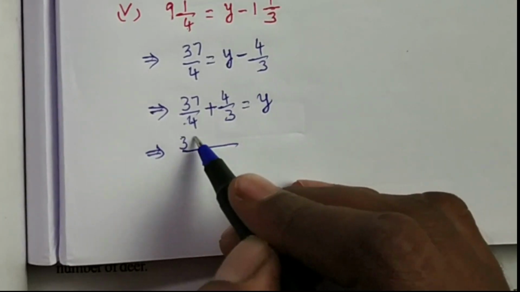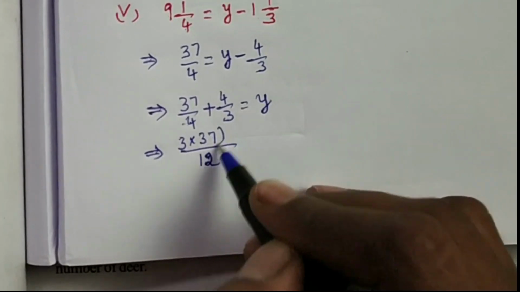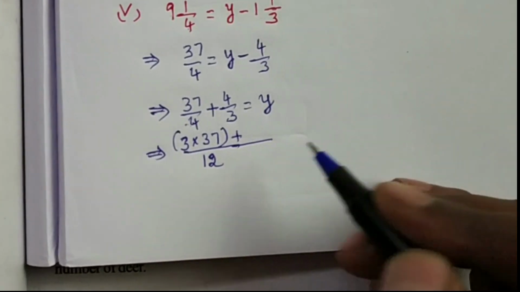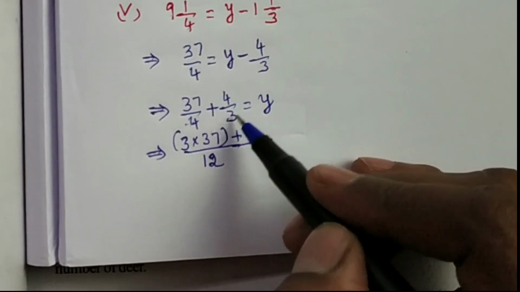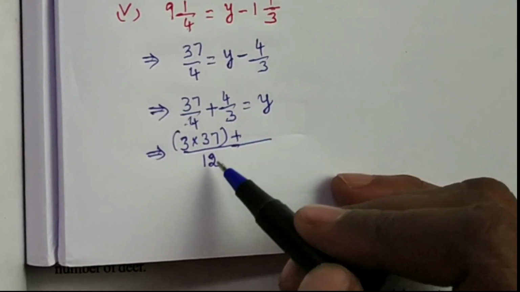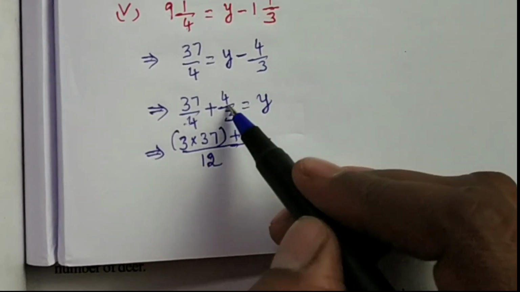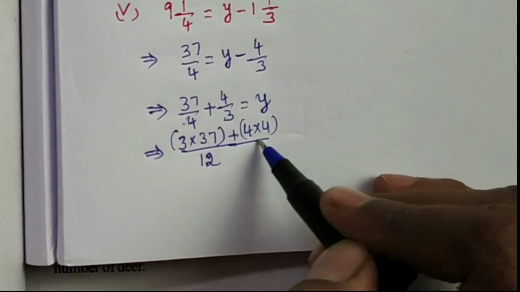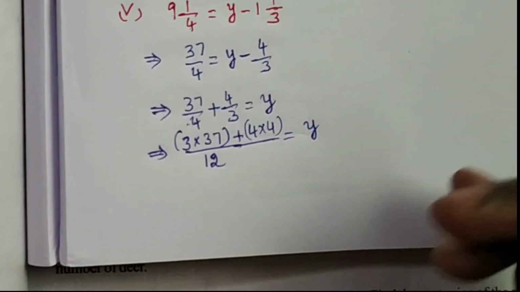So 3 into 37 plus, in the second fraction the denominator is 3. 3 in 12, 4 times cancel, 4 into 4. 4 into the denominator 4, that is equals to y.